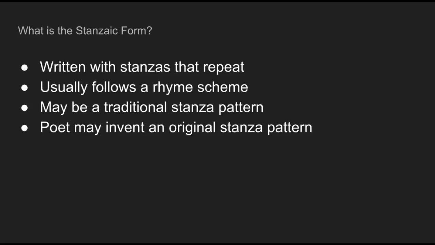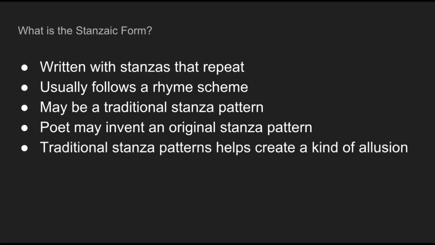In the poetry itself, Keats often does that. Traditional stanza patterns help create a kind of allusion. So it alludes to something or connects to something. So pay attention. The stanza pattern that the poet creates could be like the shape of wings or the shape of urns or whatnot. So keep that in mind.